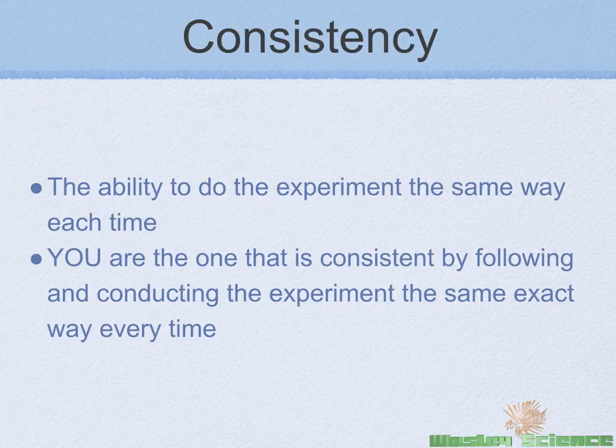So consistency is a part of the experiment that's really difficult to write as a constant variable that has to do with you directly. It's some sort of method that you're doing. So it has to do with techniques and methods that the person does with the experiment. And they're parts that you should include in your procedure, but they're really difficult to write, and they're parts that you can't necessarily and easily measure.